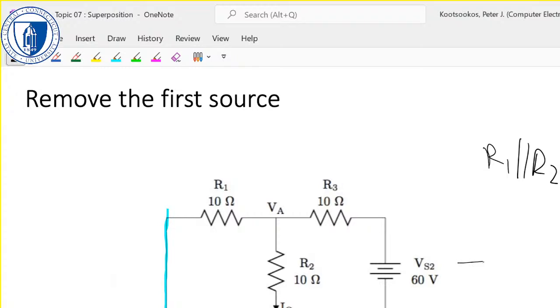So then with that we get VA equals 5 on 15 times 60, because we've just got a voltage divider. There's our 10 ohms, there's our 5 ohms, and there's our 60 volts. So that's 1/3, so that's 20 volts.